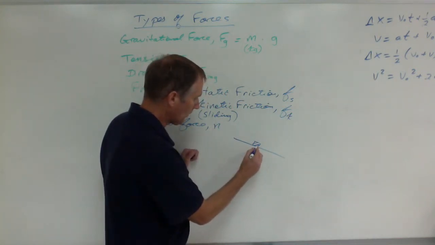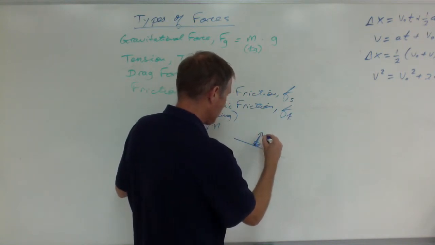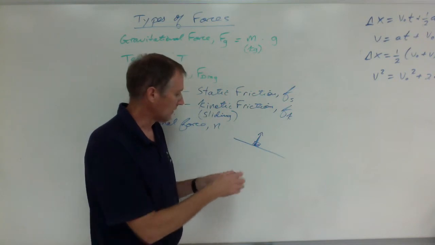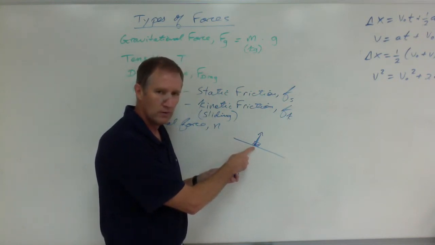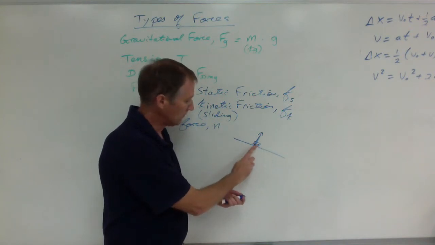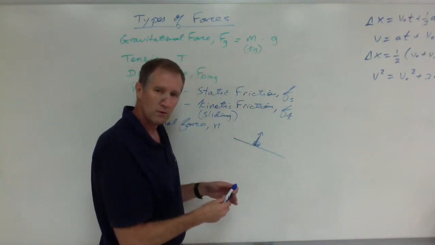Well, then the normal force would be provided 90 degrees to the ramp, okay? So let's say this is a box resting on a ramp. This is your ramp. This is the box. The normal force is the force of the ramp on the box. It's always perpendicular to the surface.